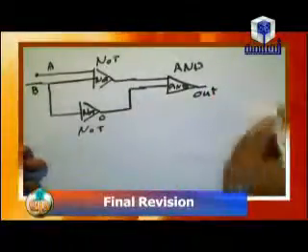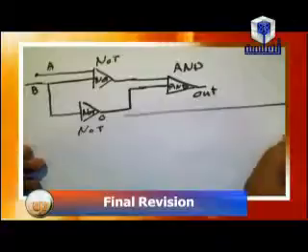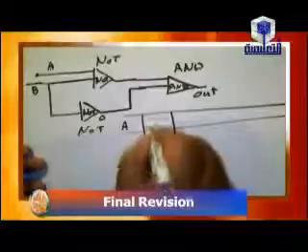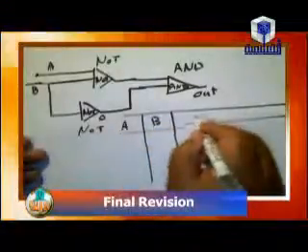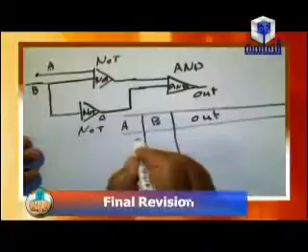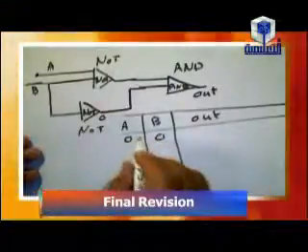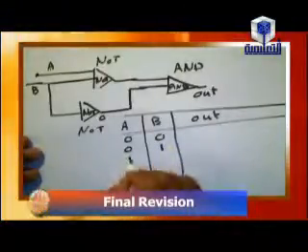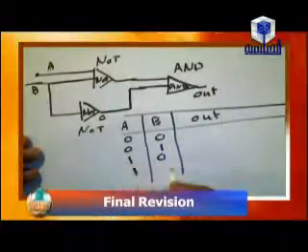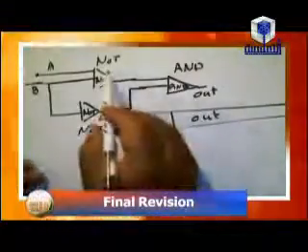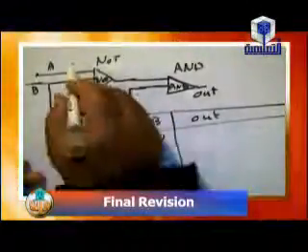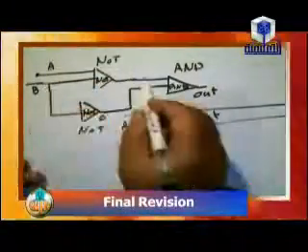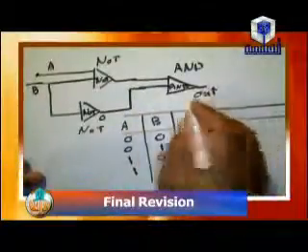The truth table: we will complete it with A, B, and out. The inputs are 0, 0; 0, 1; 1, 0; and 1, 1. We know that in NOT, if the signal is 0 it comes out 1, and if the signal is 1 it comes out 0, so it acts as an inverter.